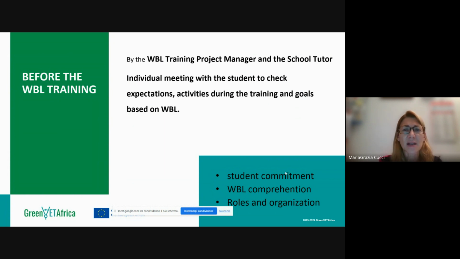These meetings are necessary in order to have the commitment of the student, which is the very basis of the experience, and to be sure that the student has a clear idea of the expectations of the company, starting from the timetable, the dress, the way to behave, and respect of company rules.